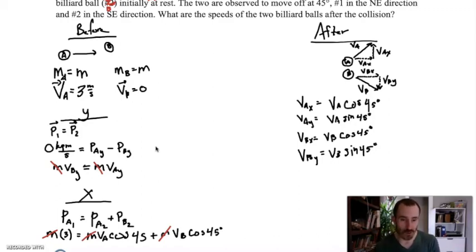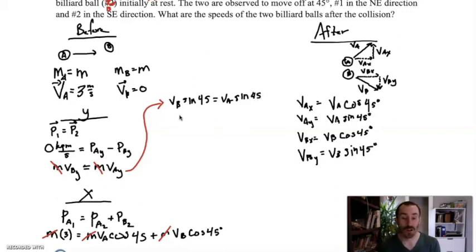I'm going to move this up here just for some extra space. So VBY, which is VB sine 45, is equal to VAY, which is VA sine 45.